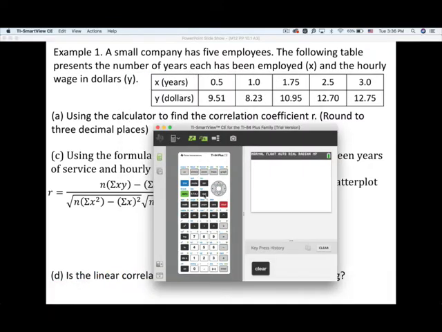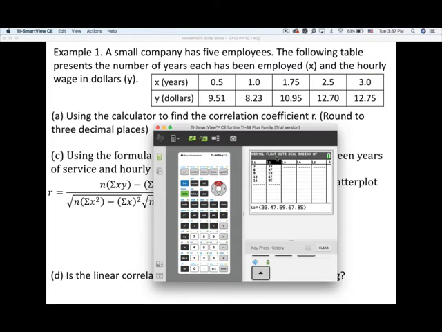We're gonna go to stat, go to number 1, edit. If you have data, remember how to clear it. Highlight the L2, click clear, click enter. Do the same thing on the L1. Highlight the L1, click clear, enter.